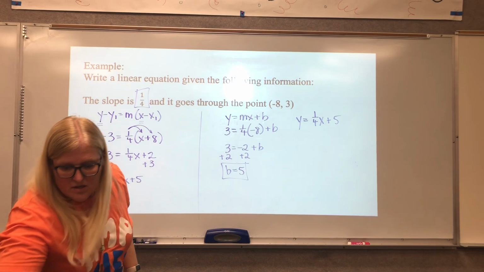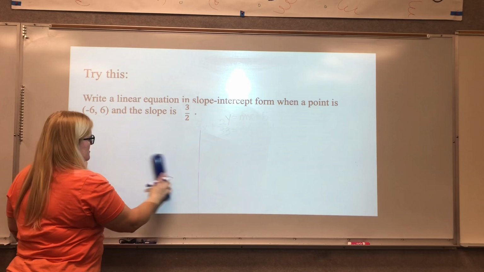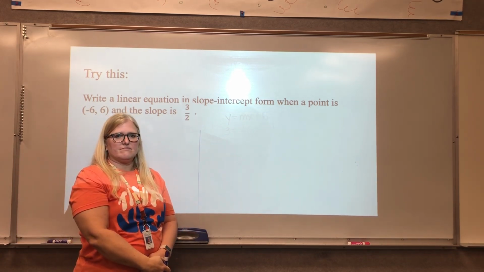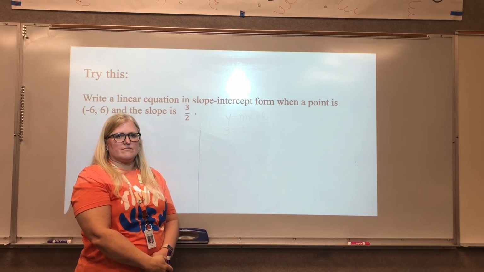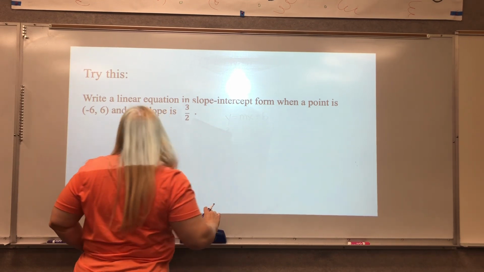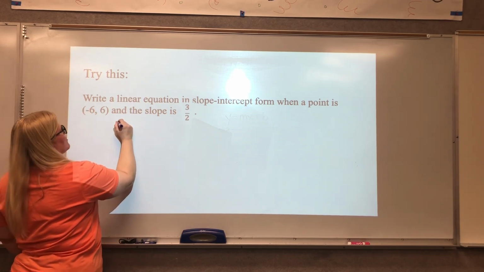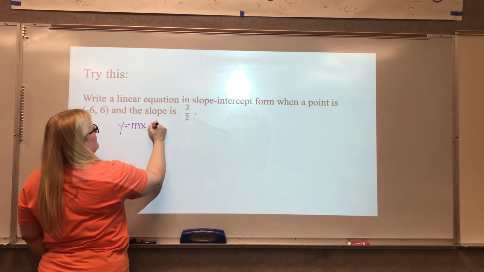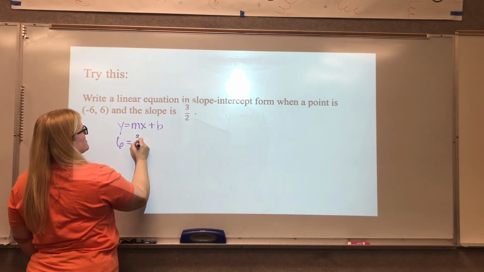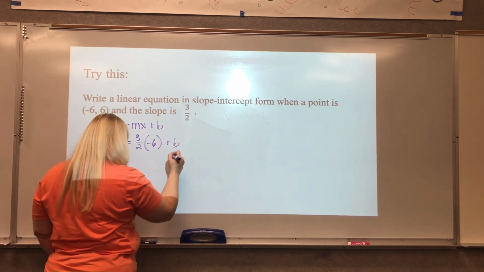Okay, so here's a problem for you to try. So go ahead and pause your video now. Okay, so I think what I'm going to do is just do it the one way, and I'm just going to use slope-intercept form. So if I use y equals mx plus b, y is 6, m is 3/2, x is -6, plus b.